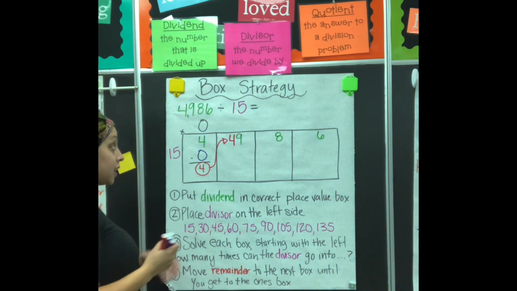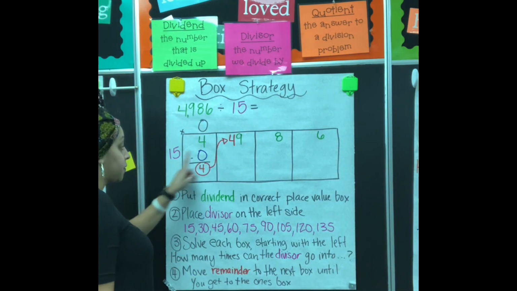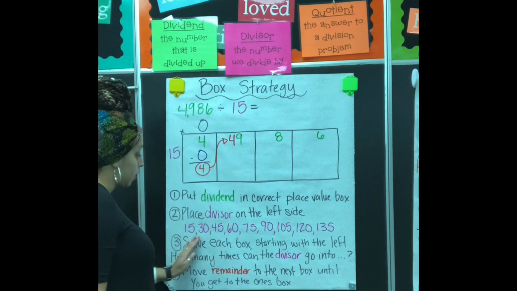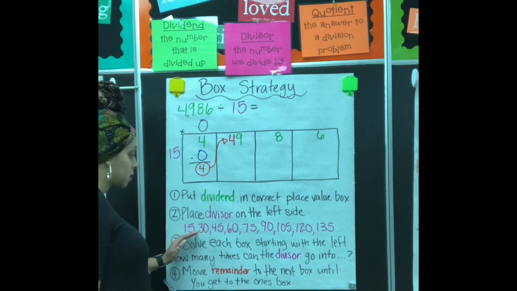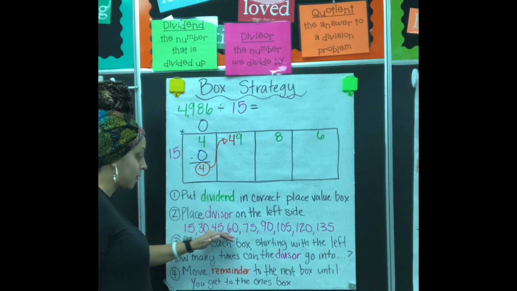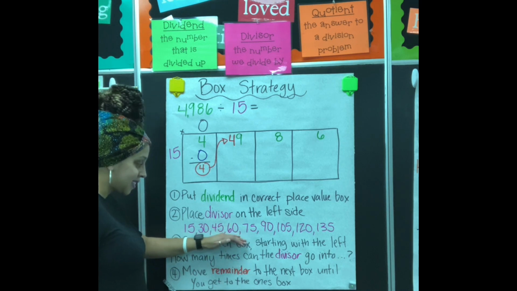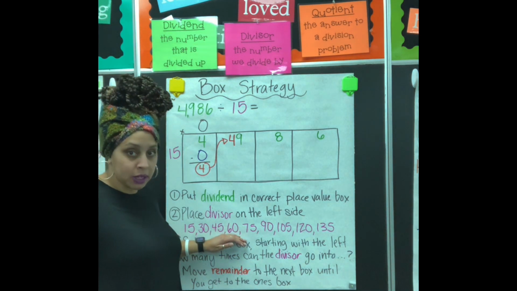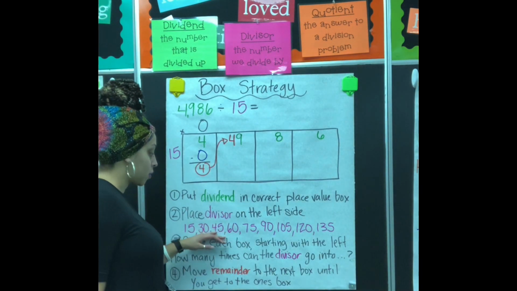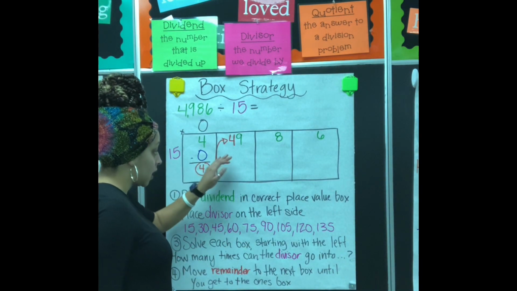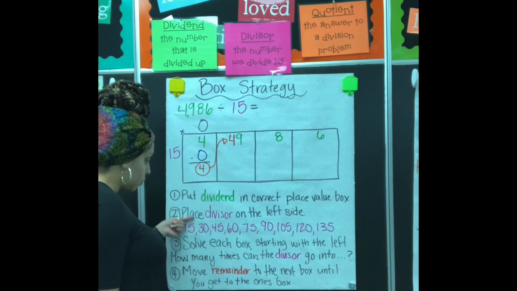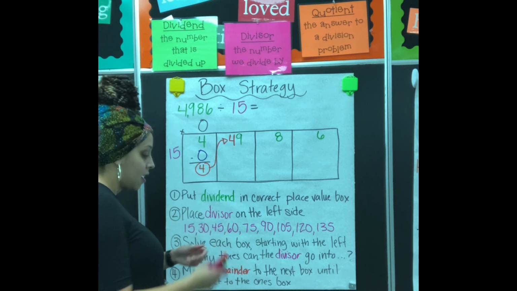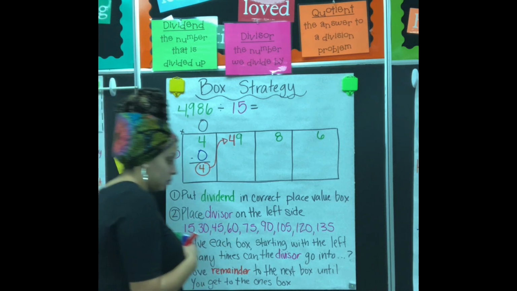49. And I think, how many times can 15 go into 49? Well, I come down here and I look at my multiples. Okay, so it's going to be somewhere between 45 and 60. Well, it can't be 60 because that's too big. That's bigger than what I have. So it's got to be 45. 15 times what equals 45? Well, 1, 2, 3. 15 times 3.